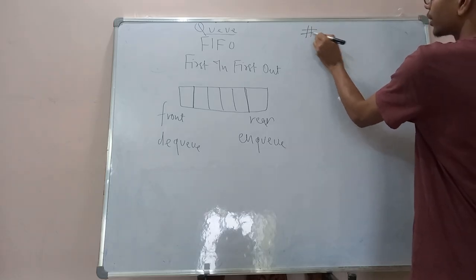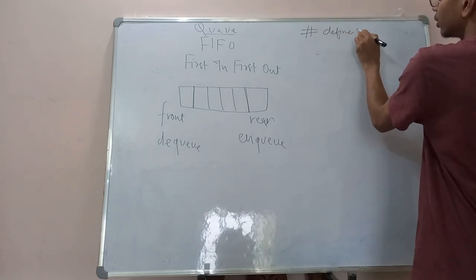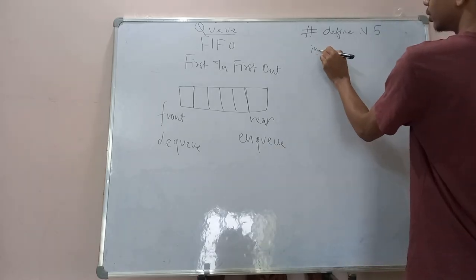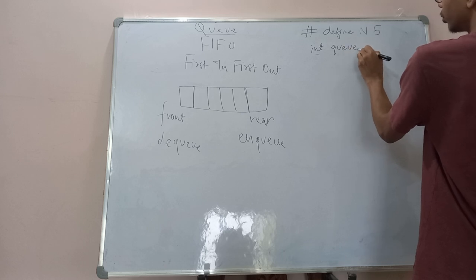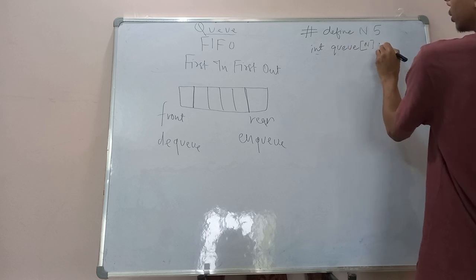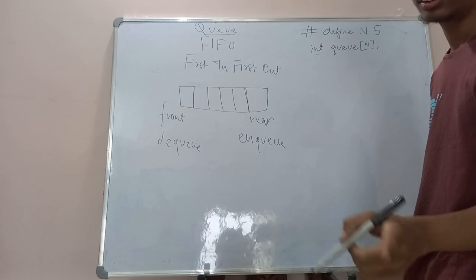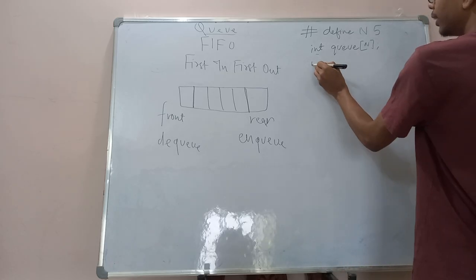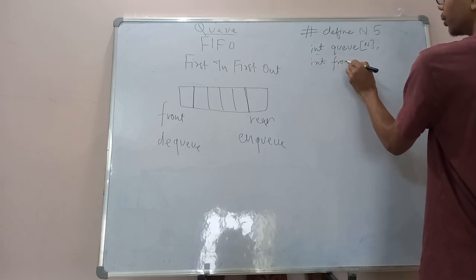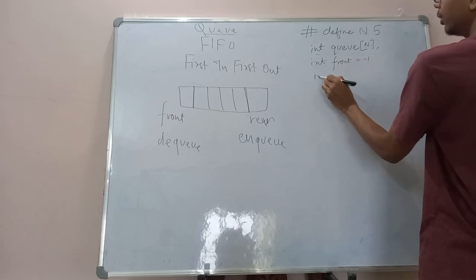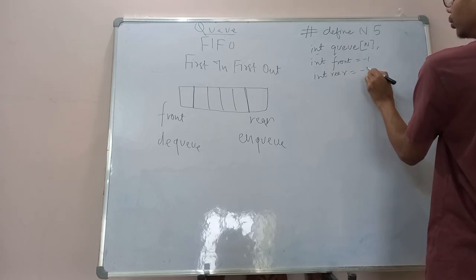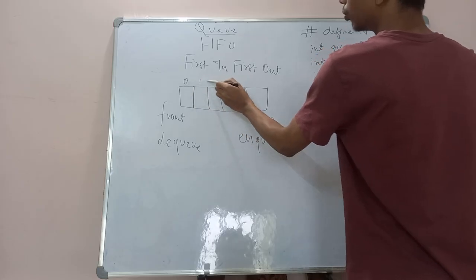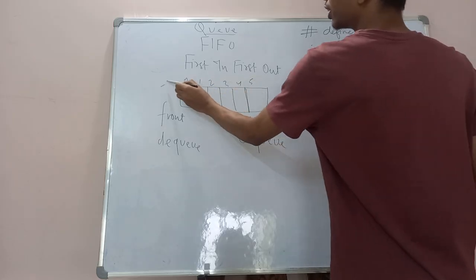Let's take an array of size 5, #define N 5, and then I will initialize my array queue, and then I will take variables front and rear, which will be initially -1: int front = -1, int rear = -1. Suppose this is my index 0 1 2 3 4 5, so this is -1.